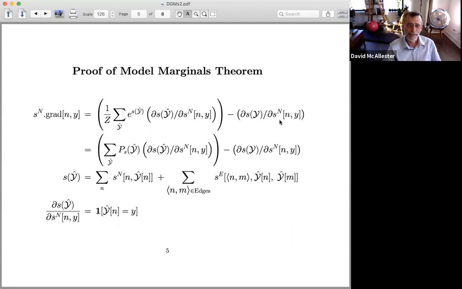This is the line I just had. Note that if I take this 1 over z and push it inside that sum, I get 1 over z times the exponential, which is the softmax probability. So this becomes the sum over y hat of the model probability of y hat times the derivative of the score. The derivative of the score is just this sum.